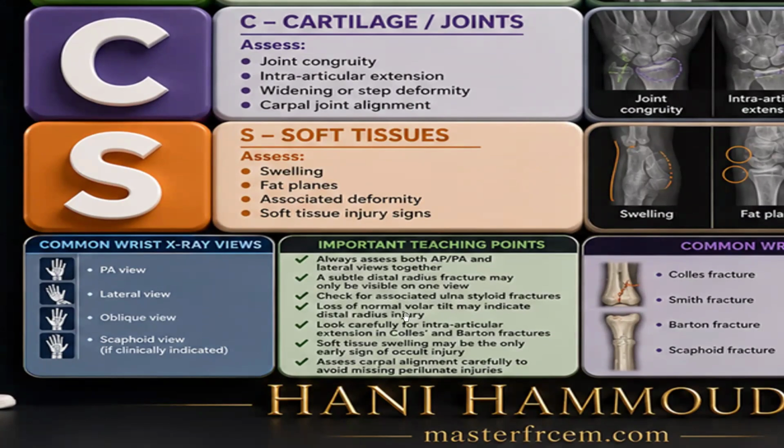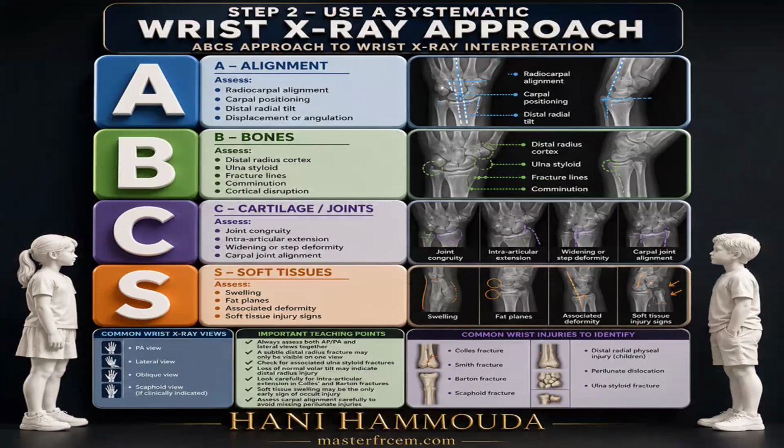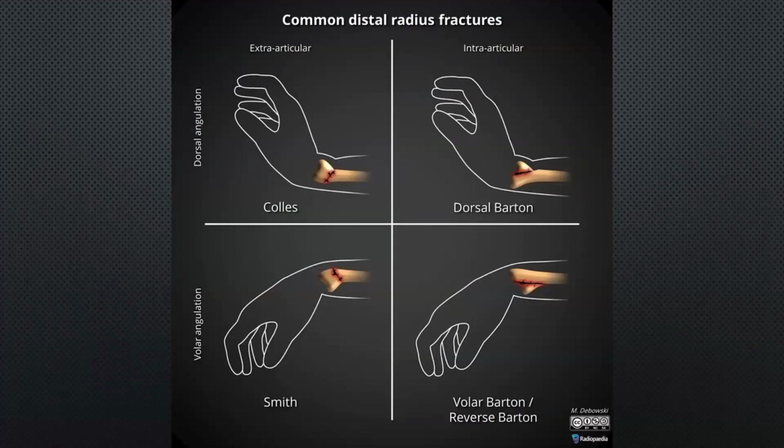Talking about each fracture specifically, there are four important fractures. Two are extra-articular, which can be conservatively treated, and two are intra-articular, which are more severe types of fractures. The extra-articular can be dorsal or volar.